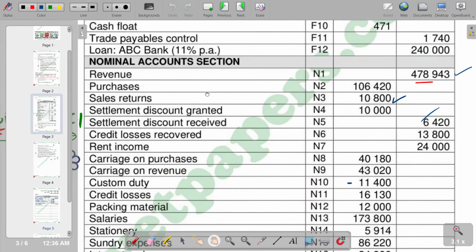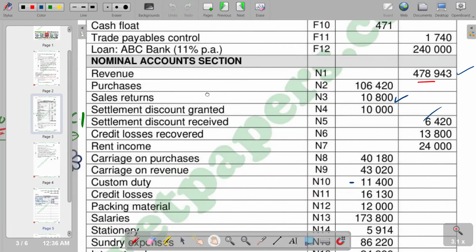Of course, we go to the nominal account section and try to see what we have. So we go down checking for them. We have the first one, credit loss recovered. It's an income, 13,800. And remember, all incomes should be on the credit side and all expenses on the debit side.